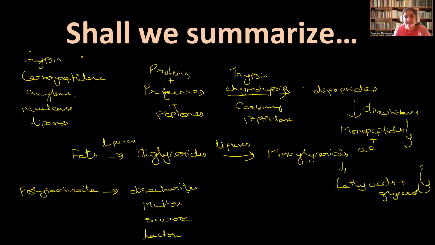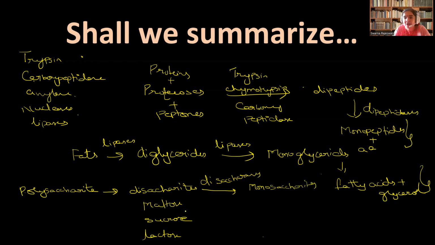Now, polysaccharides are converted into disaccharides by amylases. And this disaccharide will be acted upon by disaccharase. The suffix 'ase' means it is an enzyme acting on a particular substrate. This disaccharide is acted upon by disaccharase and converted into monosaccharides.